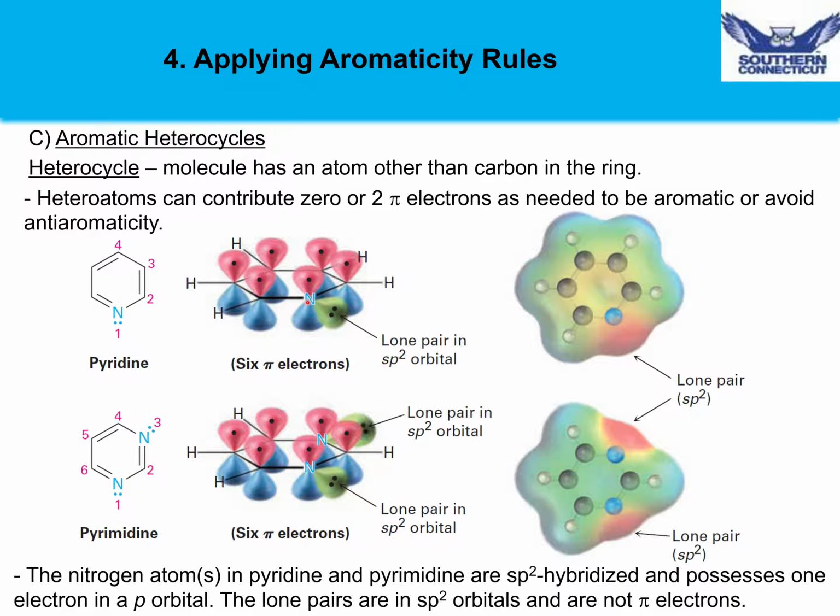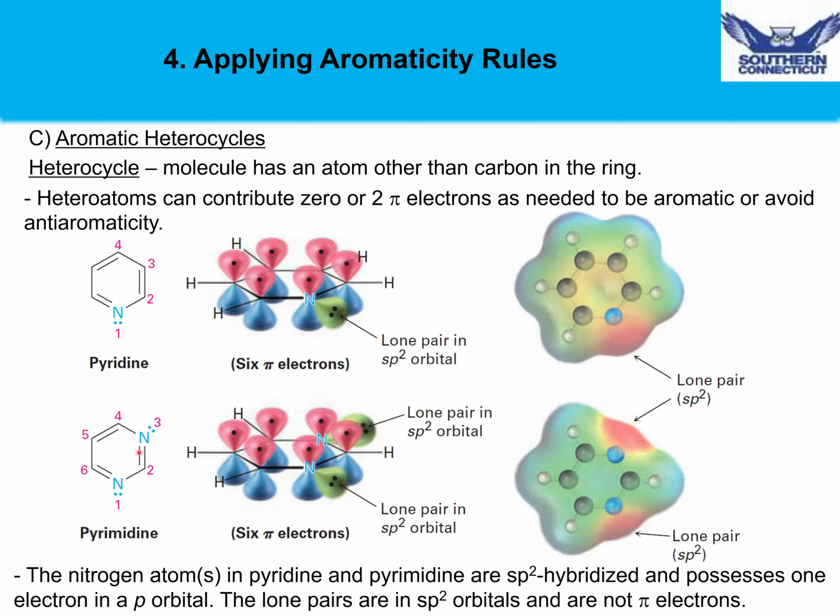And then on the nitrogen, we have, in addition to that, a lone pair. That lone pair will sit in an sp2 orbital. That sp2 orbital will be in the same plane as the ring itself. And so it's going to be perpendicular to the pi cloud. And so it's out of the way of the pi cloud, and we do not count that lone pair in the number of pi electrons. So there's only 6 pi electrons in total within this ring.